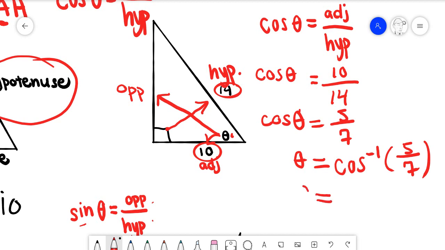It's very commonly in your second function, by the way, the negative ones. So look for that in the second function on your calculator. That should give you approximately 44.415 degrees, and that's your angle.